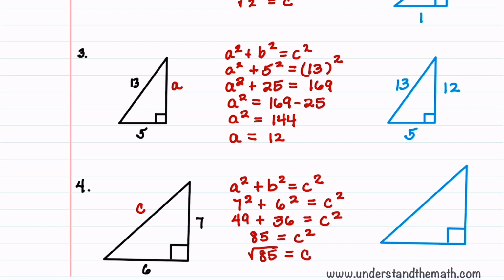And I don't think we can reduce that easily because 5 goes into 85 17 times. So we'll go ahead and leave it as square root of 85. So for completeness, let's go ahead and label our right-hand side triangle. So we have 7, 6, square root of 85.